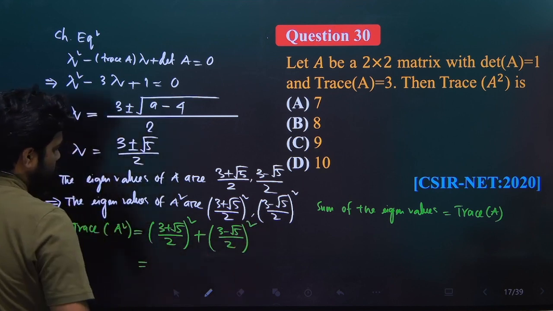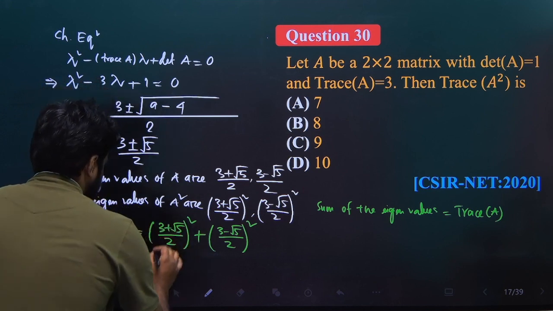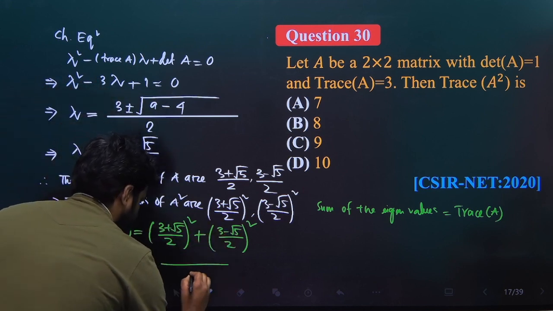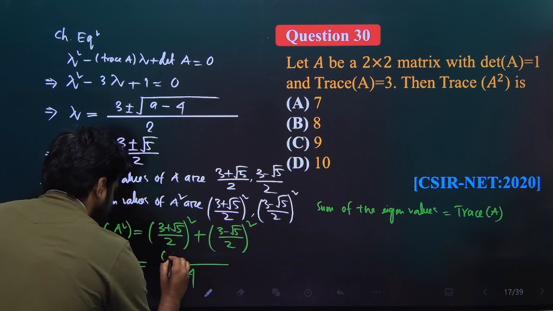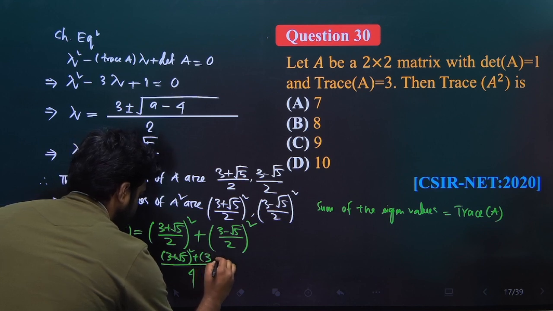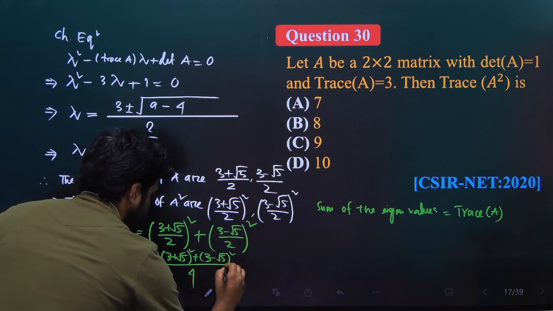So this will be (3 plus root 5) square by 4 plus (3 minus root 5) square by 4. So 4 is the LCM, that is (3 plus root 5) square plus (3 minus root 5) square.